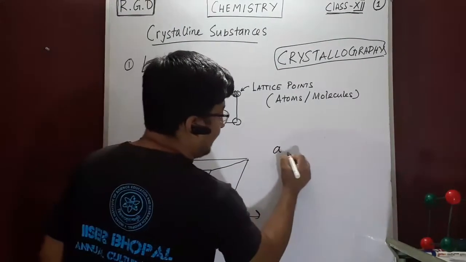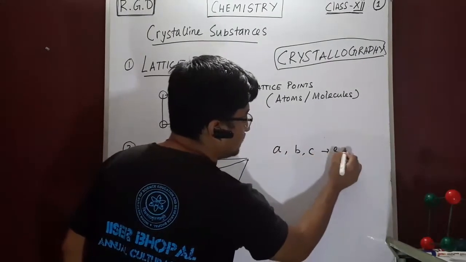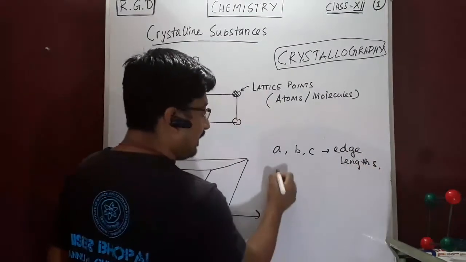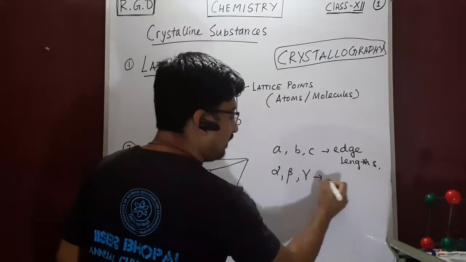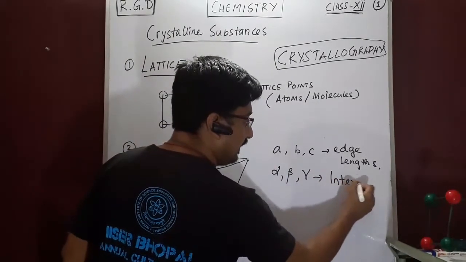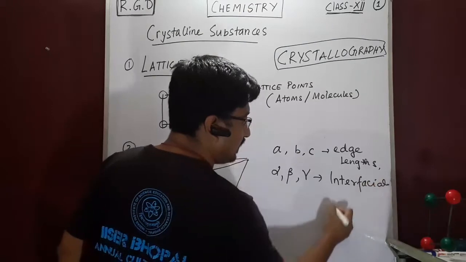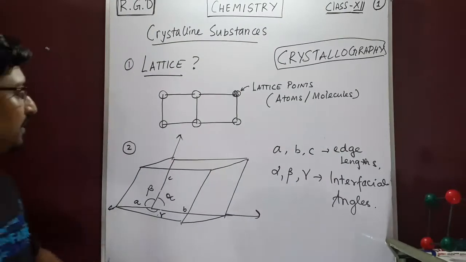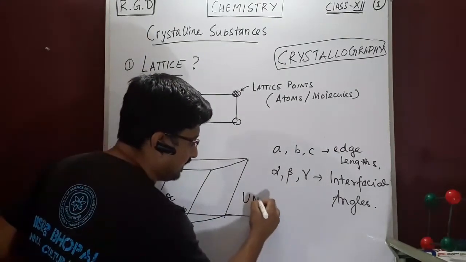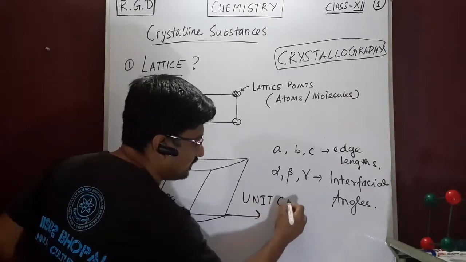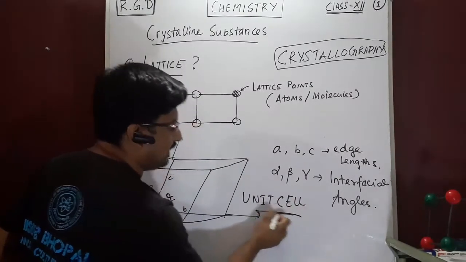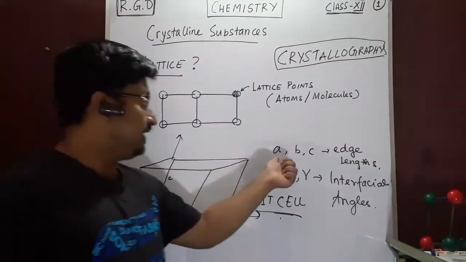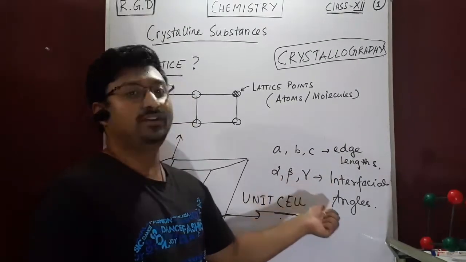So A, B, C are the edge lengths, and alpha, beta, gamma are your interfacial angles. This thing is known as a unit cell, and you represent a unit cell by its edge lengths and interfacial angles.